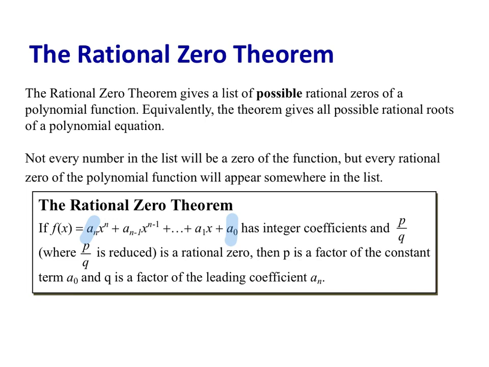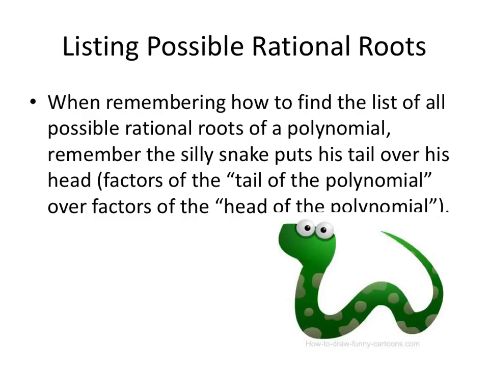So p is the factor of the constant term. So the p, which is on top, is the factor of the constant term. So I want you to know the value of p right there. And the leading coefficient is q. And a way you can remember how to find the list of all possible zeros: remember that the silly snake puts its tail over its head.